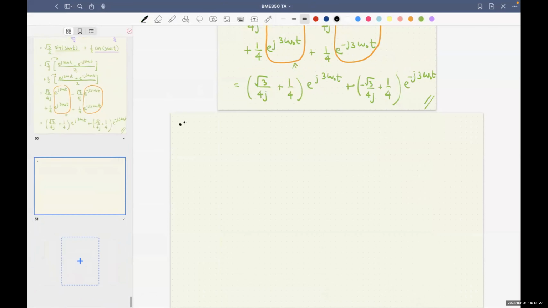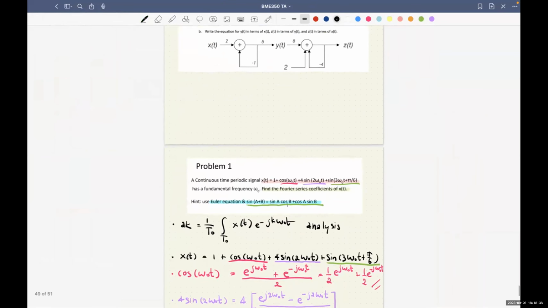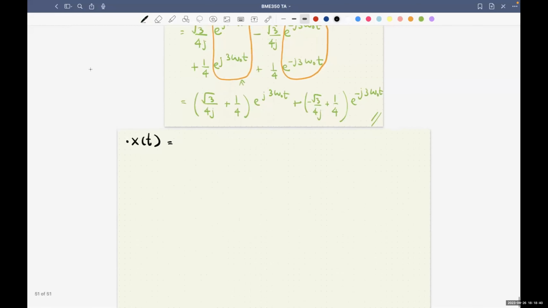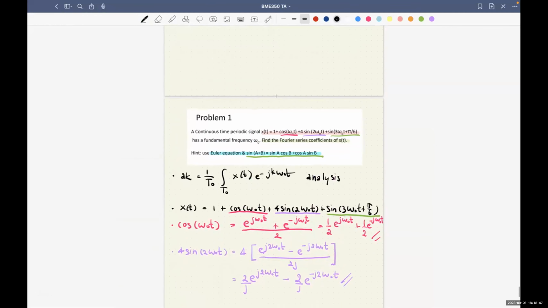So I'll get x of t equal, okay, 1 plus cos omega t, which we used Euler formula, and we got this chunk here.